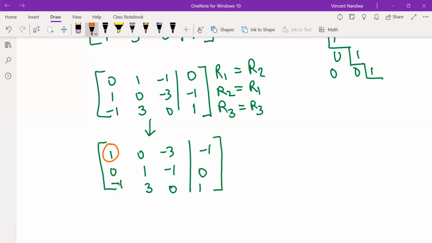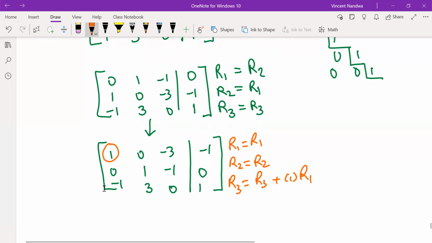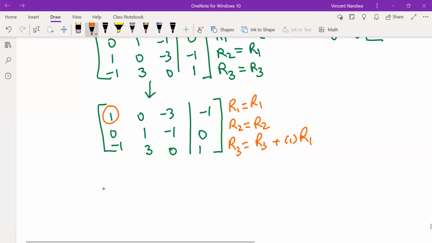Now the problem with this first column is -1. So we'll correct this -1 by this 1 in the first row. Let's say row 1 stays row 1, row 2 stays row 2, and row 3 becomes row 3 plus 1 times row 1, so that I get 0 in this position of -1.